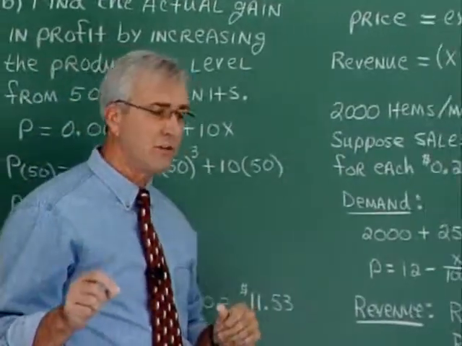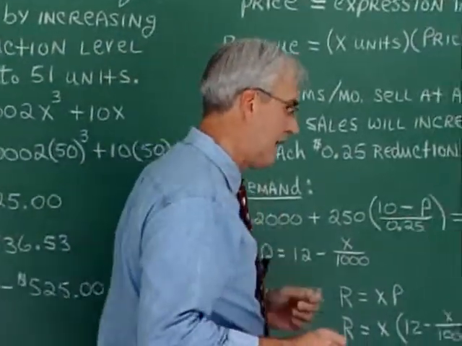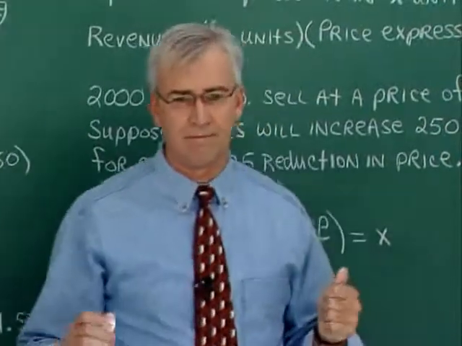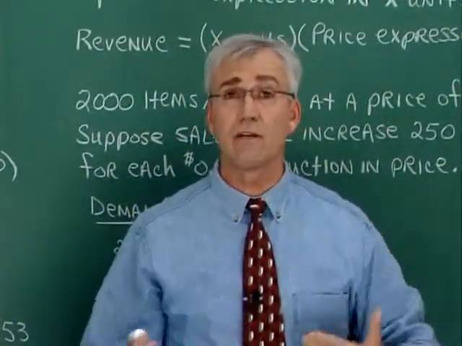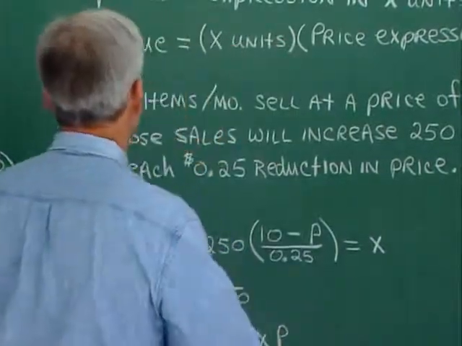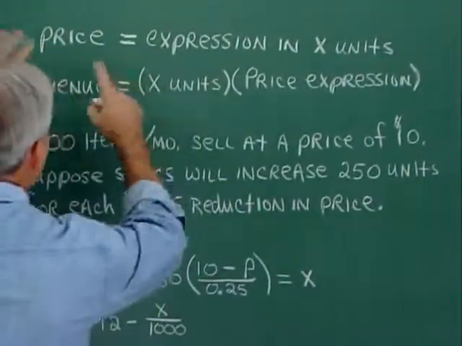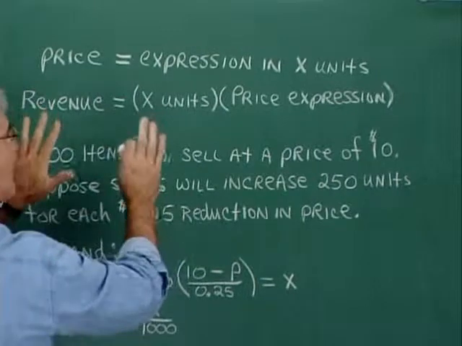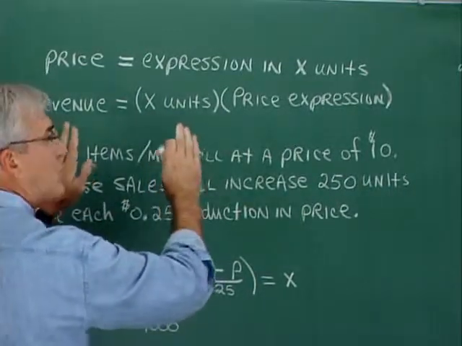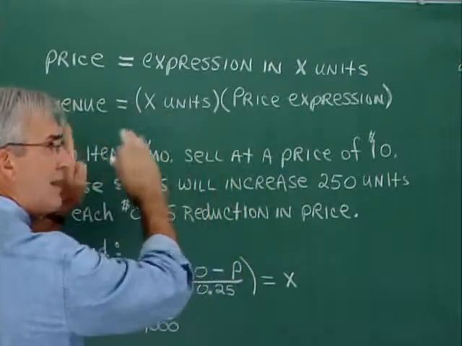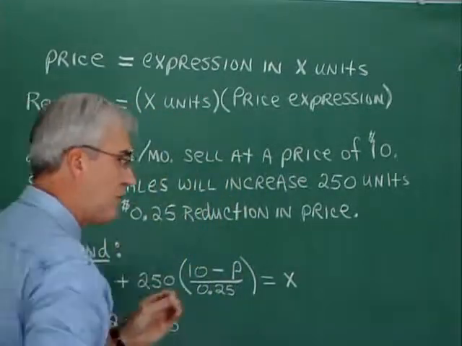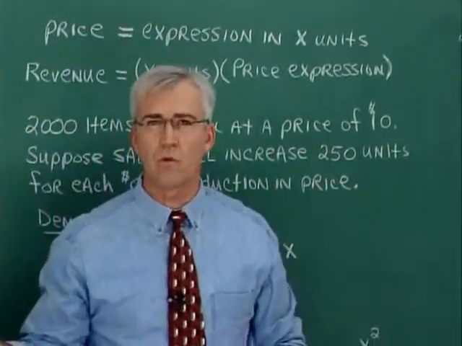Well, let's turn our attention now to the notion of demand. We may have mentioned demand and supply a little bit in the past, but it was in a different context. Now, understand this, that a demand function has everything to do with changing price and changing the number of items being sold. The idea was that if you reduce the price, then you sell more units.